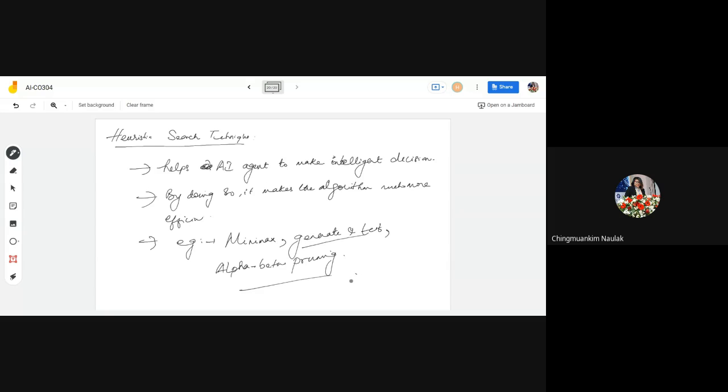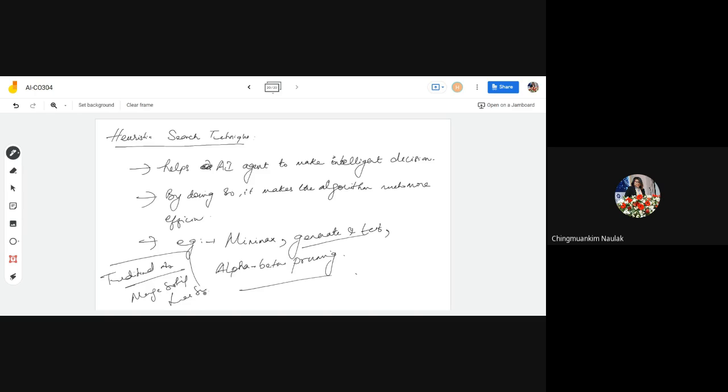How is the artificial intelligence algorithm different from traditional algorithms? In traditional algorithms, you have things such as merge sort and linear search, right?